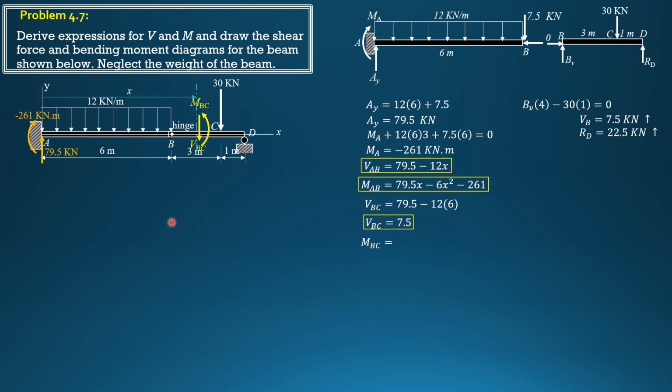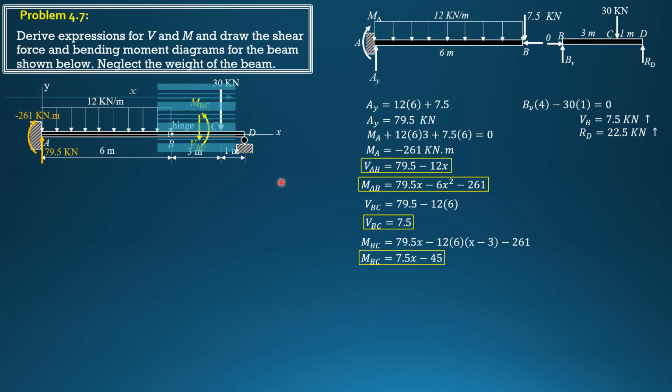So moment BC is 79.5 times x minus 12 times 6 times quantity x minus 3 plus negative 261, or minus 261. Simplifying, 79.5 minus 12 times 6 times x, that is equal to 7.5x, then minus 45. So negative 12 times 6 times negative 3, that's positive, minus 261 is negative 45. So that's the moment equation for section BC.